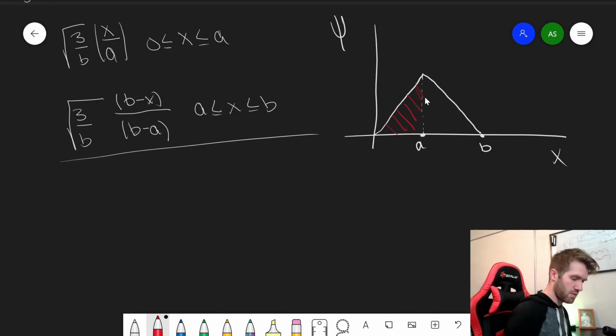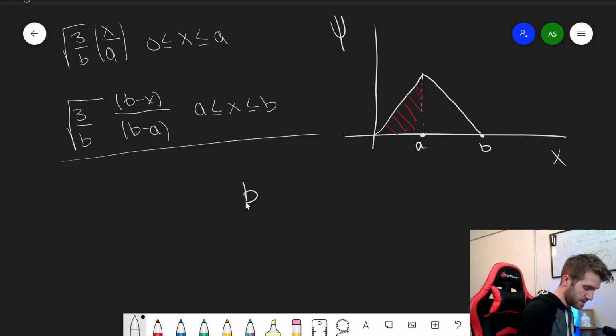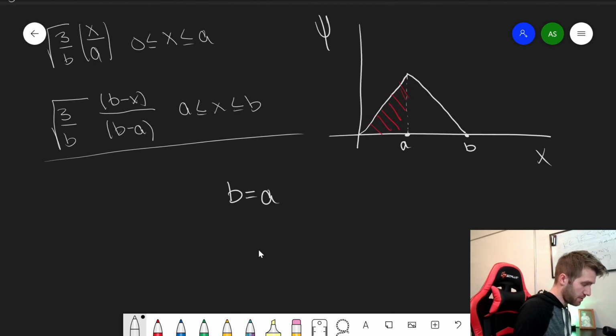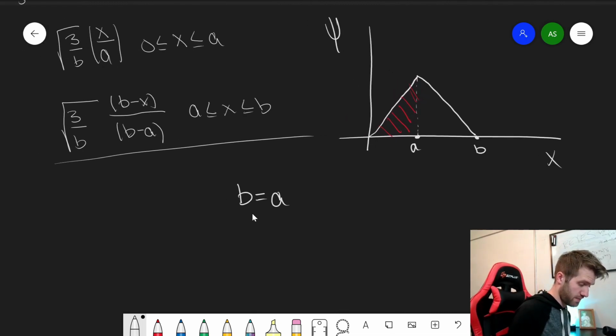So now what we want to know is the probability of that particle existing to the left of A. Using our limiting cases, where B is equal to A, we can see what that's supposed to look like by imposing our normalization condition yet again. If B is equal to A, then there's no B term.